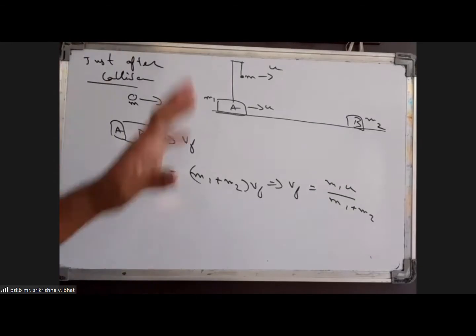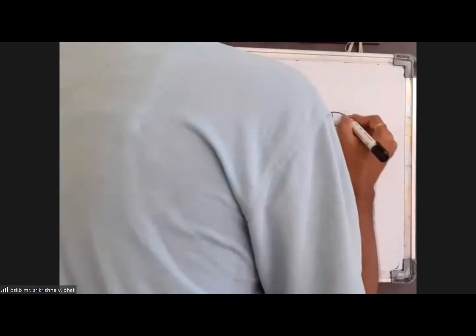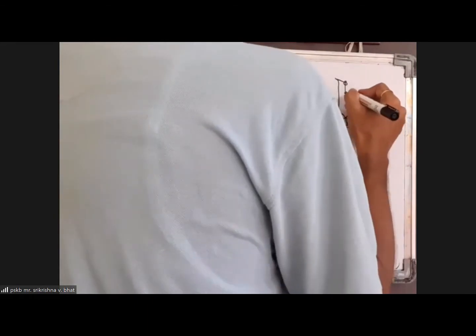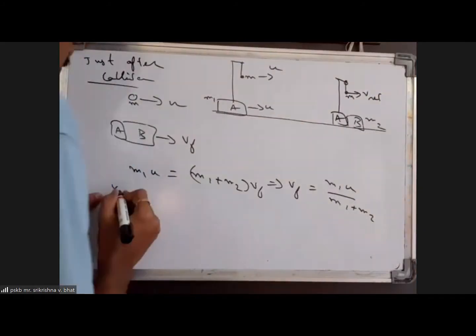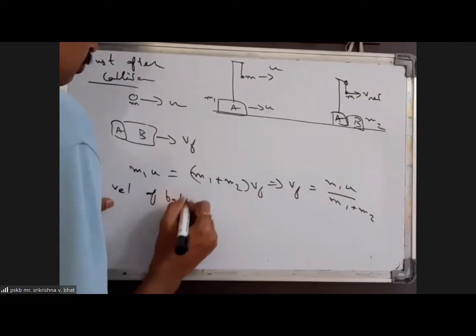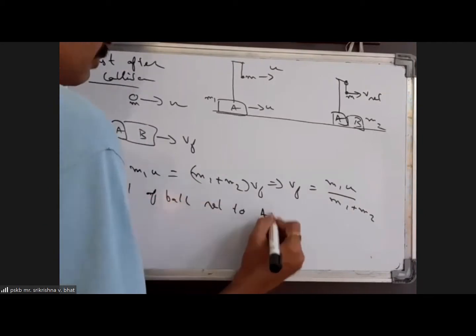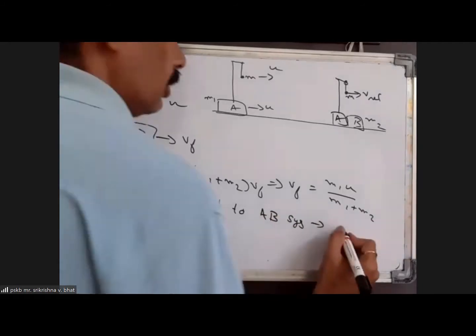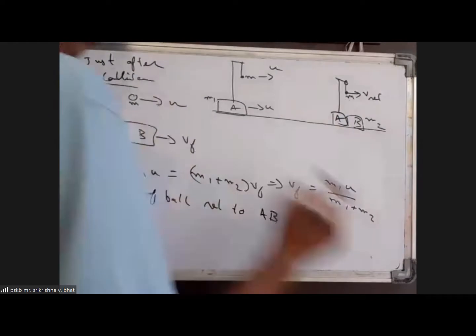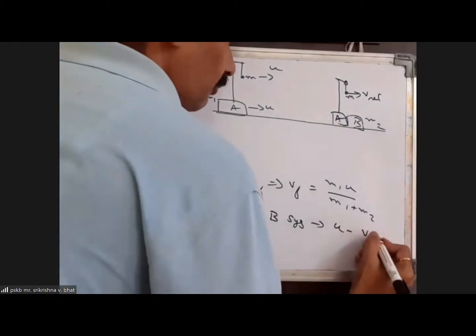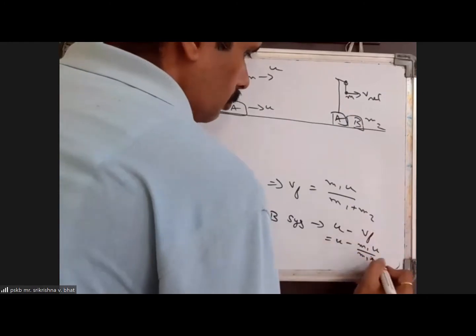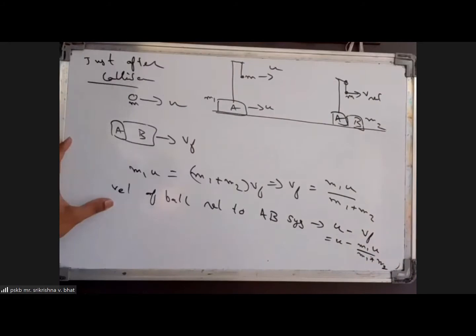Now you can find the velocity of this ball relative to the AB system. Since the velocity of the ball is u, the relative velocity should be u minus Vf, or u minus m1 u by (m1 plus m2).